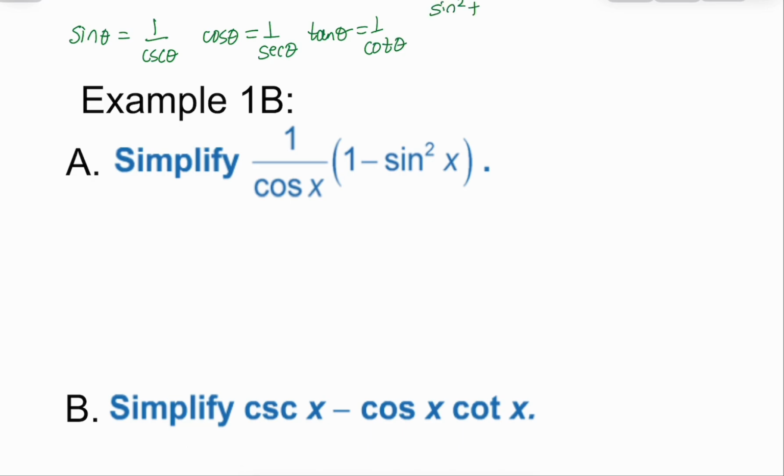Sine squared plus cosine squared is equal to 1. 1 plus the tangent squared theta is equal to the secant squared theta. The cotangent squared plus 1 is the cosecant squared.